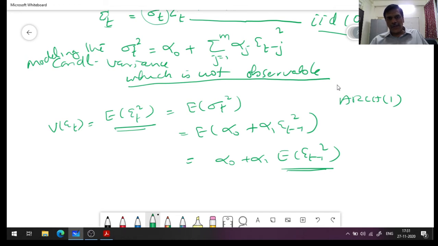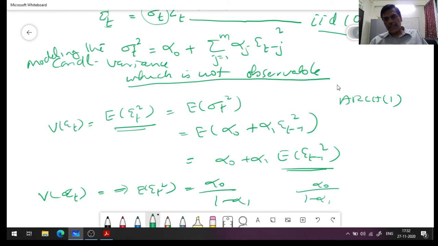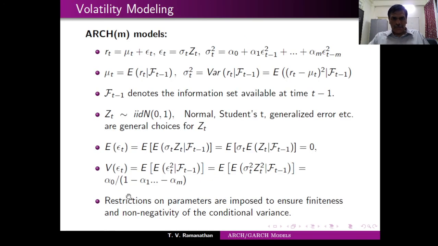So I assume that you have stationarity; we'll discuss the conditions for that later. This implies the expectation of epsilon t square, the variance of epsilon t, is equal to alpha naught over 1 minus alpha 1. If you're talking about ARCH M, this will be alpha naught over 1 minus alpha 1 minus alpha 2, etc., minus alpha M. So this is what this derivation is all about.